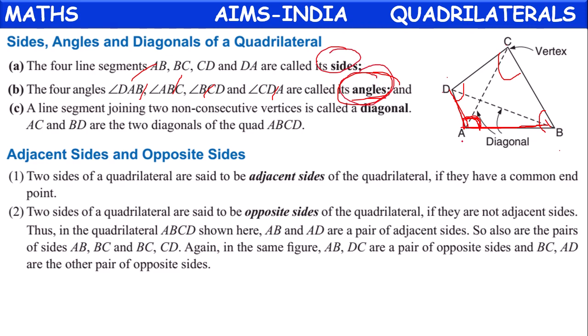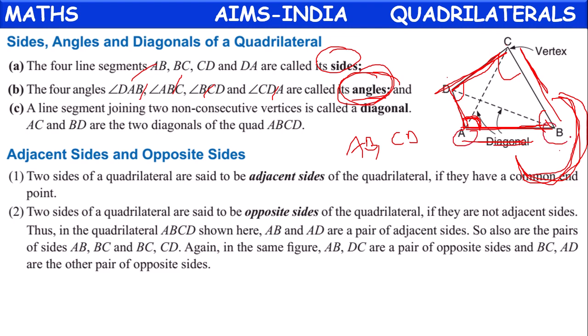And this AB side and BC side are called consecutive sides. They are side by side. But AB and CD are called non-consecutive sides because they are not side by side. Or this A, B are called consecutive vertices.